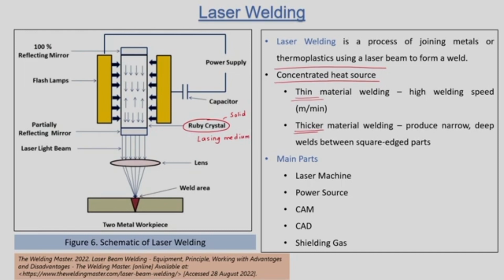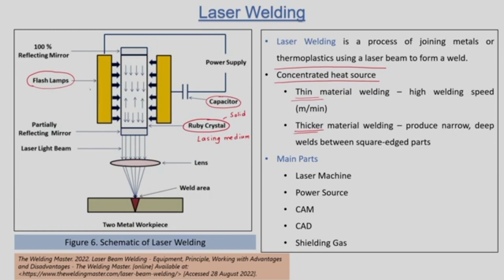We need the excitation source. So, here we are applying excitation energy through flash lamps. These flash lamps are energized by using a power supply and capacitor.